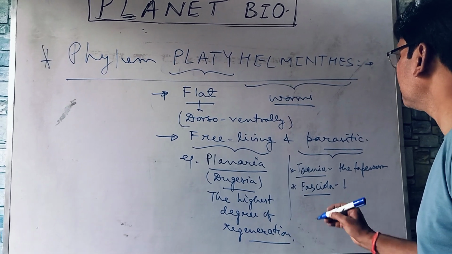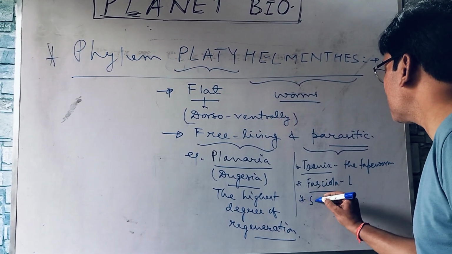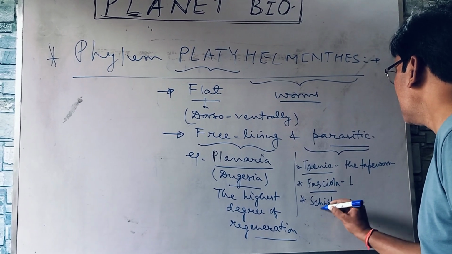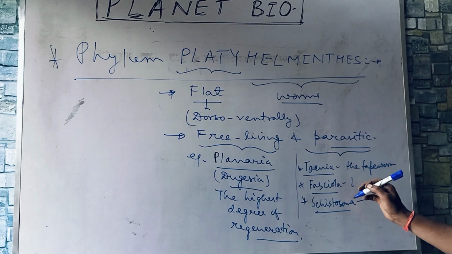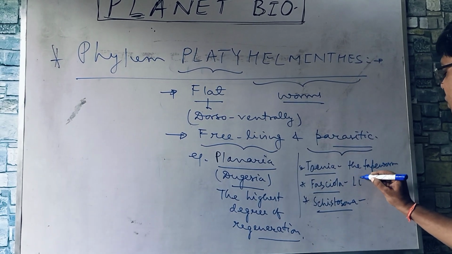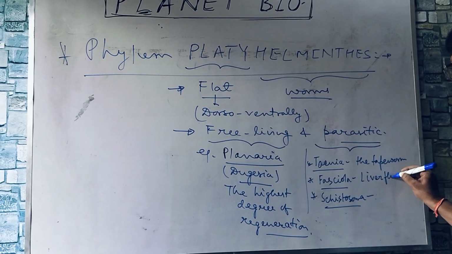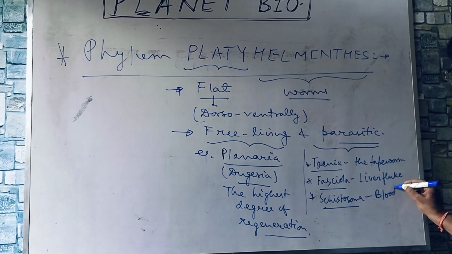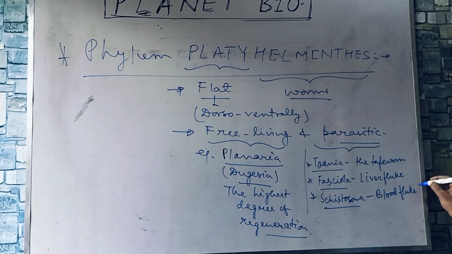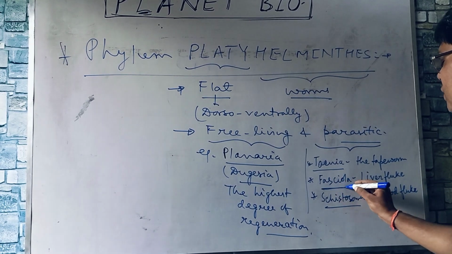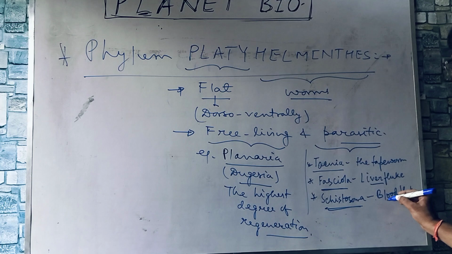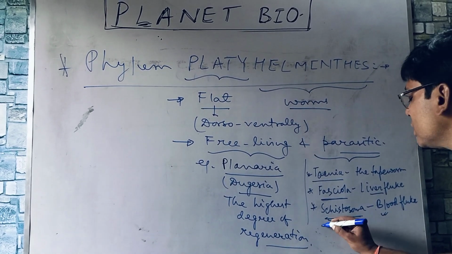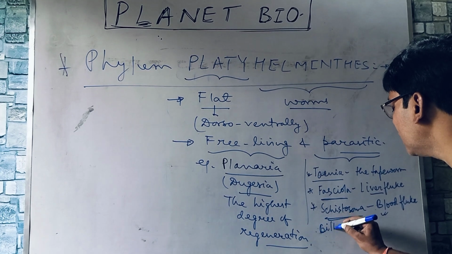Fasciola. Then Schistosoma. Fasciola is commonly called liver fluke, and Schistosoma is called blood fluke. Schistosoma is also called bilharzia.